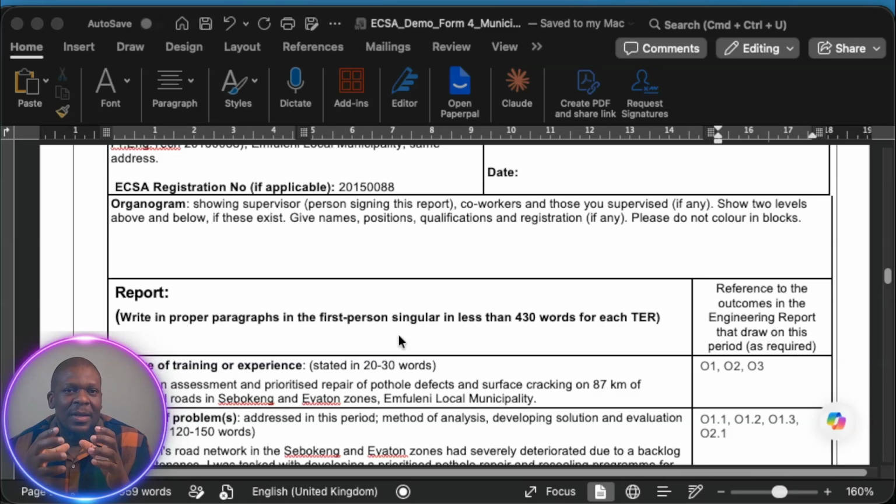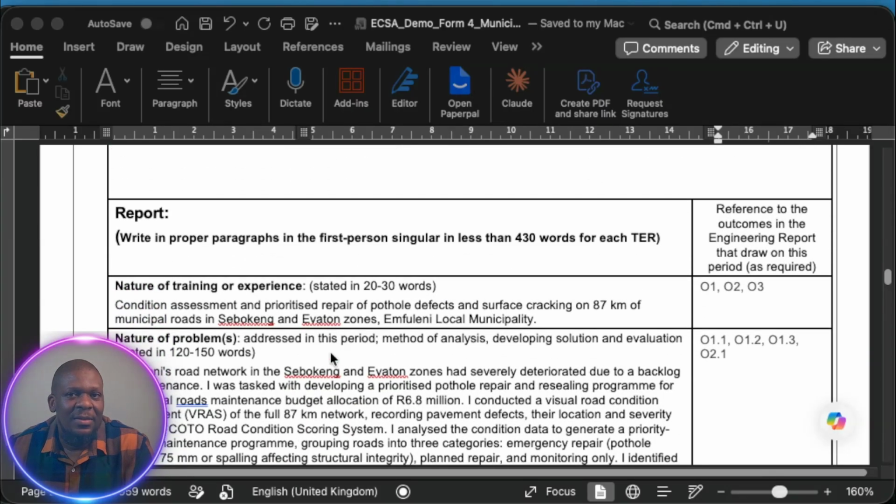So you see, the training that the applicant is gaining in period one, there is condition assessment and how to prioritize projects. That is the experience that they are gaining. You capture it like that.